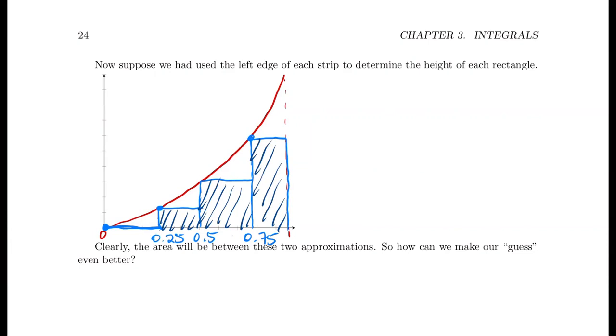So if we calculate the heights once again, H1 we said was 0. H2, if we calculate f at 0.25, we get 0.015625. H3 we would get 0.25, and H4 we would get 0.5625.